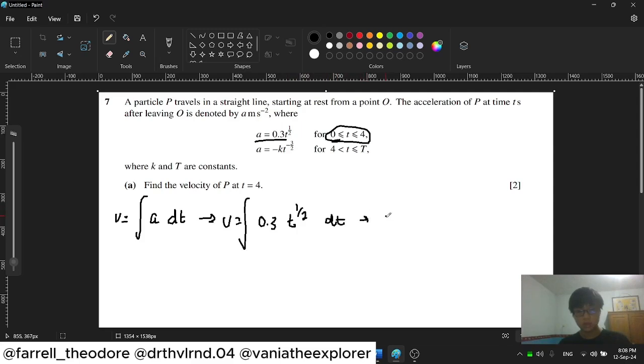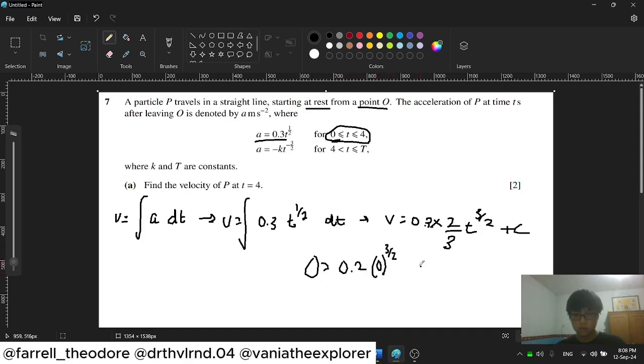And this will become v is equal to 0.3 times 2 over 3 t to the power of 3 over 2 plus c. Now because it starts from rest at point O, t and v will be 0. So it will be 0 equal to 0.2 times 0 to the power of 3 over 2 plus c, which makes c equal to 0.